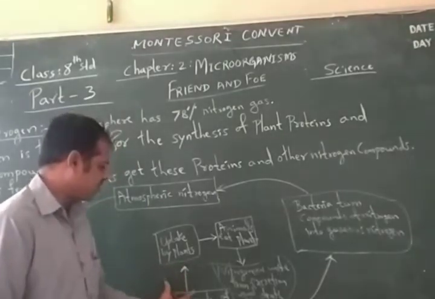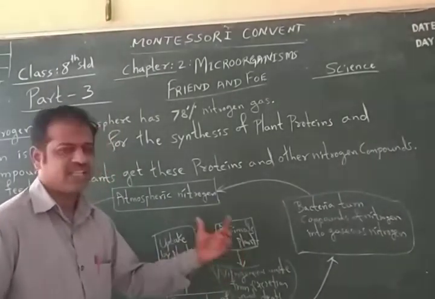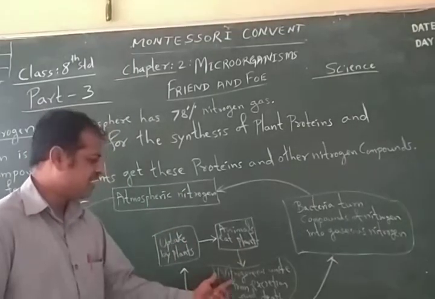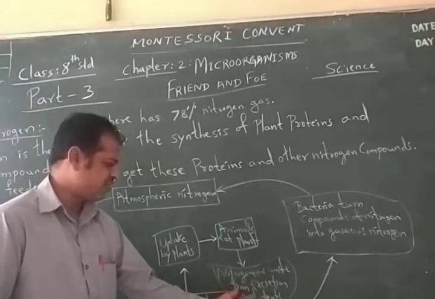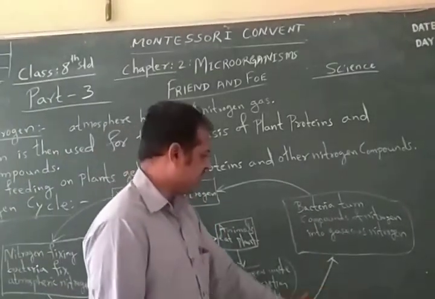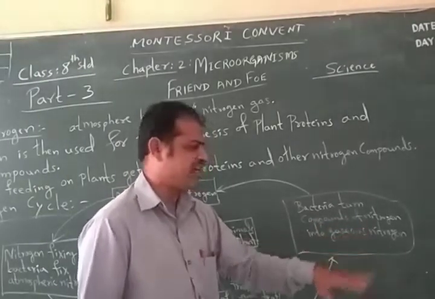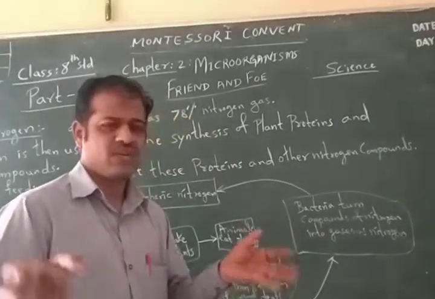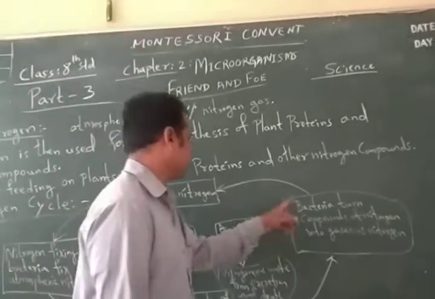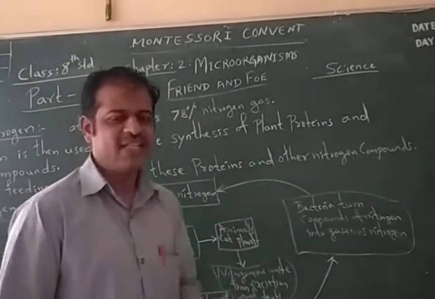After that, they are taken up by plants. Animals eat the plants. After that, nitrogenous waste comes from excretion and death. Next, bacteria turn compounds of nitrogen into gaseous nitrogen, which goes to the atmosphere.